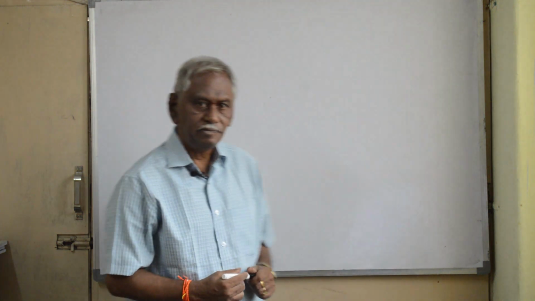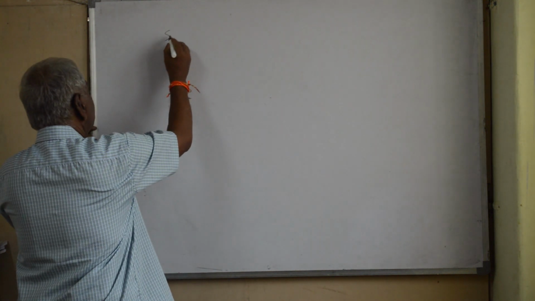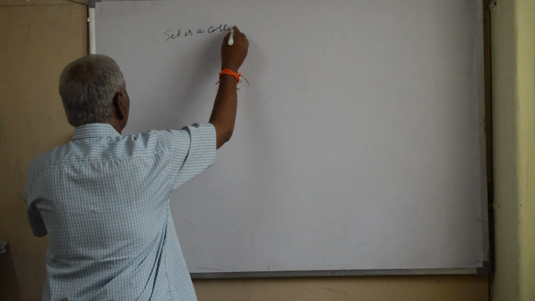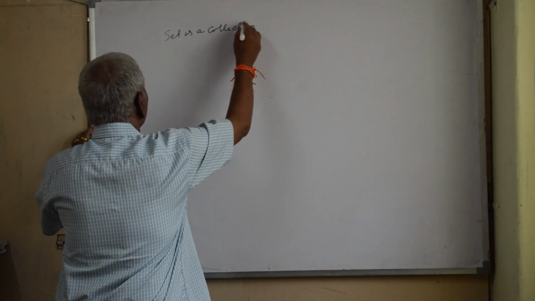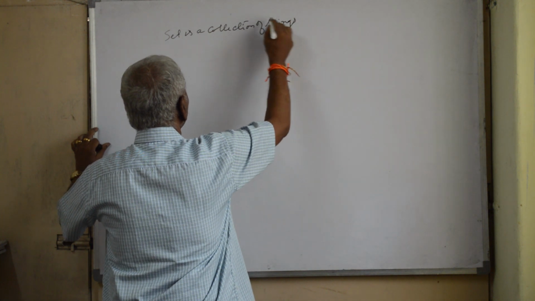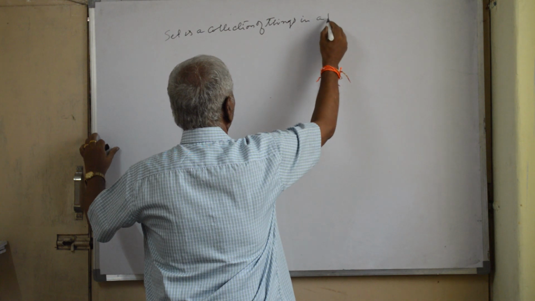What is a set? A set is a collection of things in a particular manner.